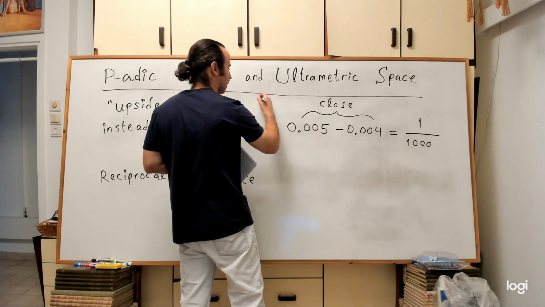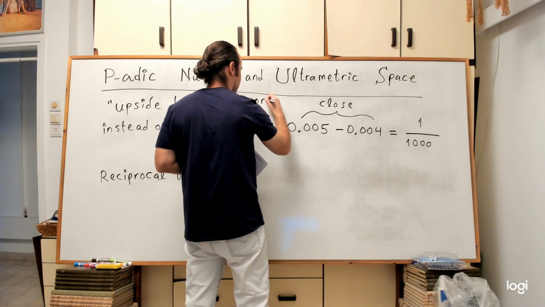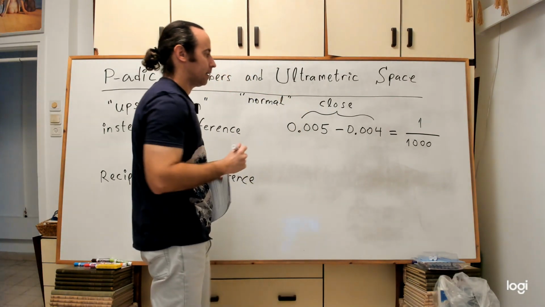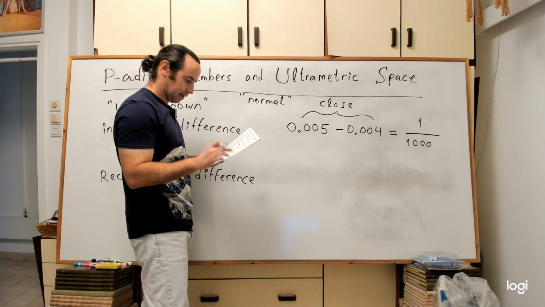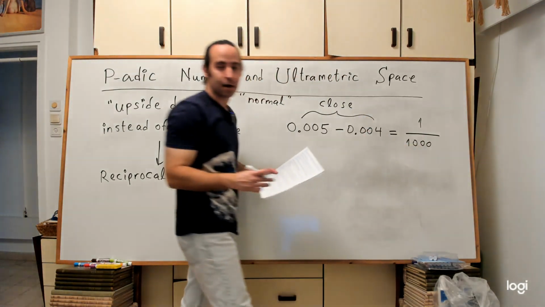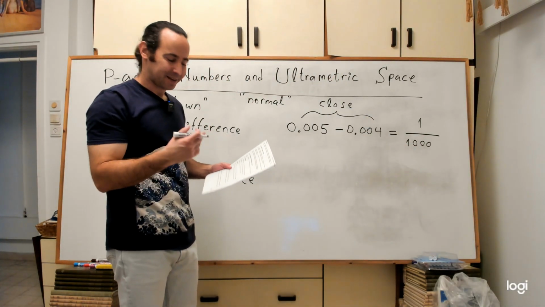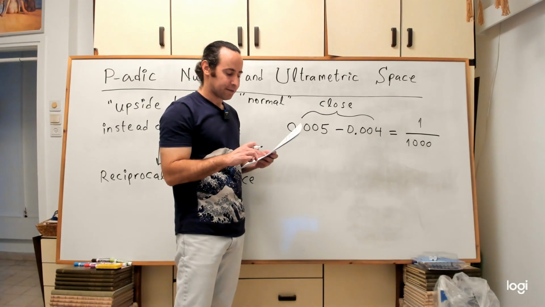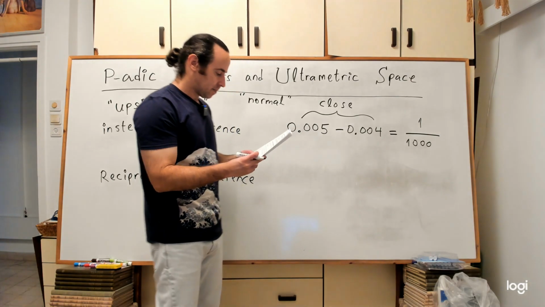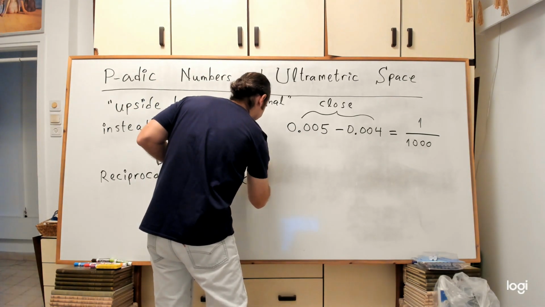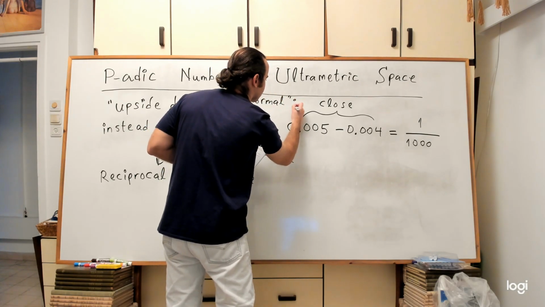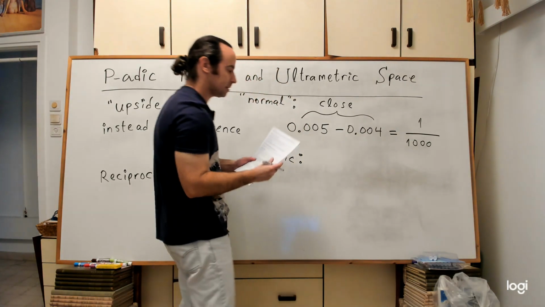This is in normal numbers, and the distance is 1 over 1,000. With p-adic numbers, the same thing is far.